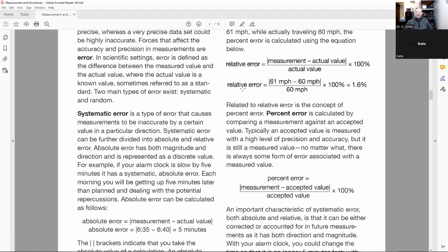And we have relative error. Here's a formula: the measurement minus what would be the actual value, divided by that, times 100. And the lower that number is, the more accurate your measurement is.